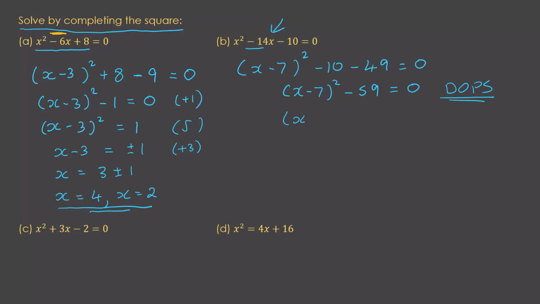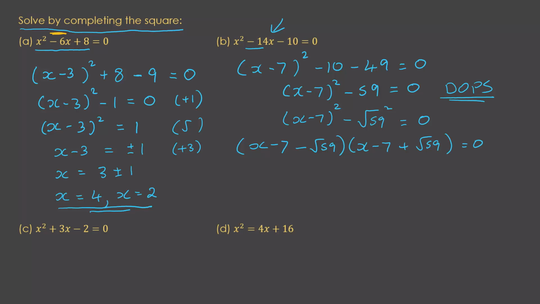What you have here is x minus 7 squared, take away the square root of 59 squared. And that means that you can make x minus 7 take away root 59 and x minus 7 plus root 59.